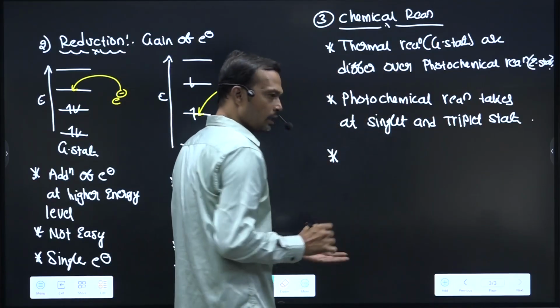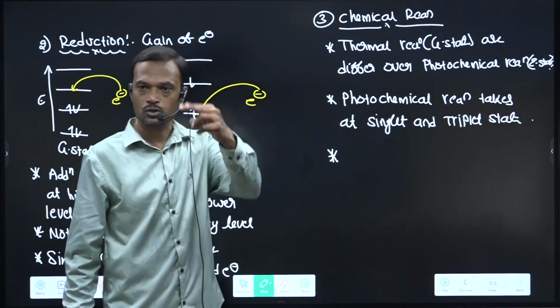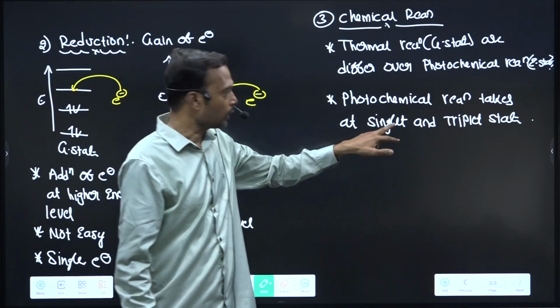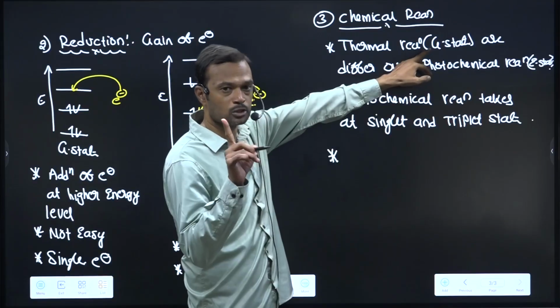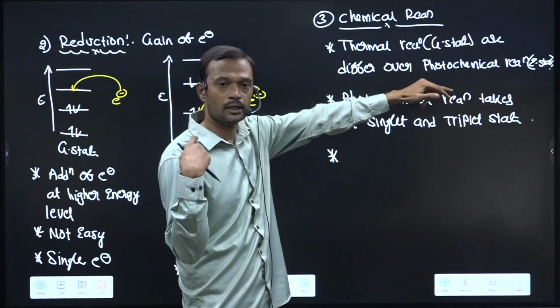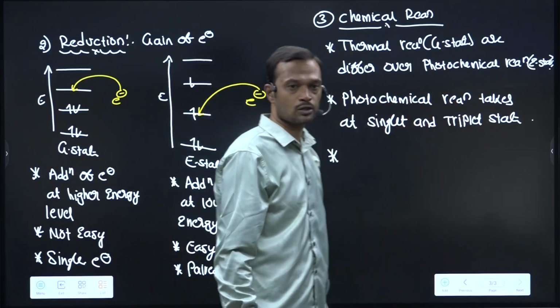So photochemically, how many excited states are possible? Two. S1, S2, S3, that is one set. T1, T2, T3, that is one set. So here the ground state has only one possibility, but the excited state has two possibilities: excited singlet and excited triplet. Photochemically, singlet reactions are different, and triplet reactions are different.